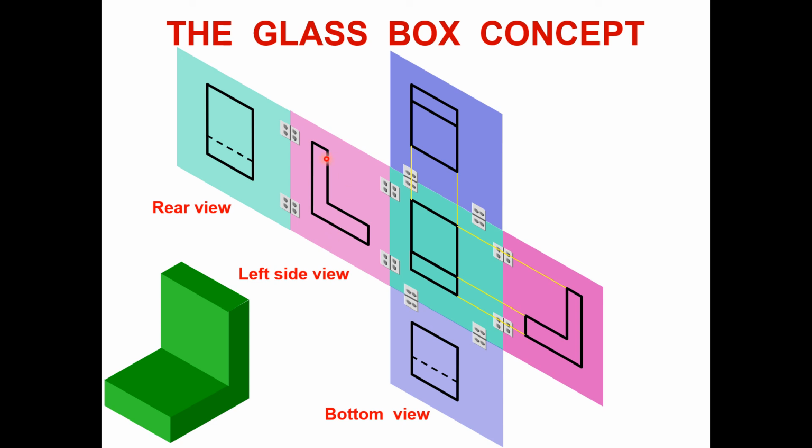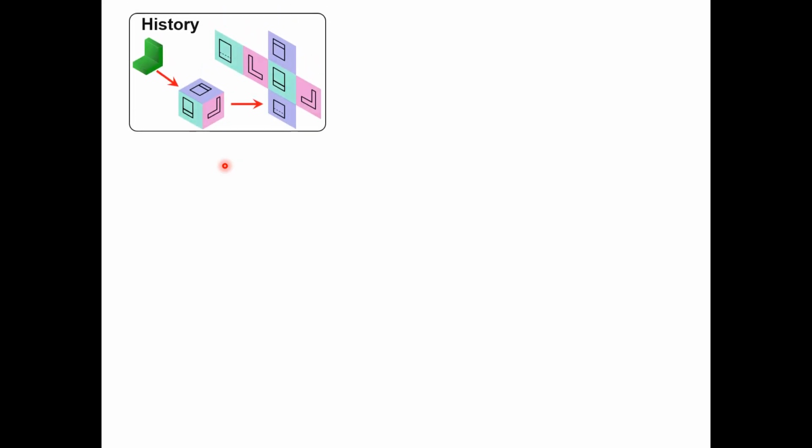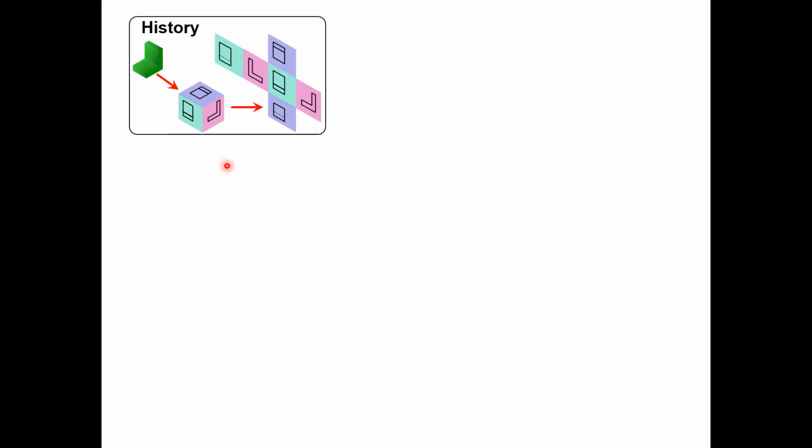From the left side, again an L shape will be displayed, and from the rear, meaning from the back side, you will again see the plain face, but you know there is a cut. From the inside, you will represent it with a dash line, that is a hidden feature. That is the glass box concept.